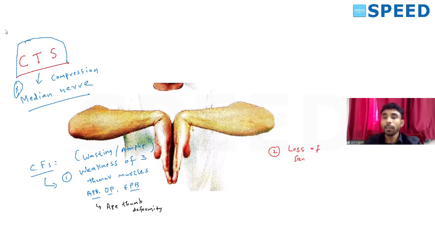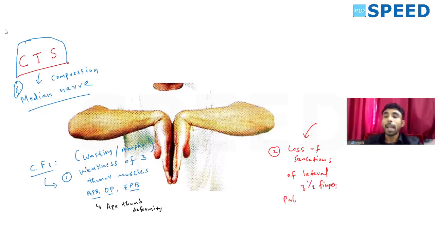Initially, there will be pain and paresthesia, altered sensations, but later it may even lead to loss of sensations of the lateral 3½ fingers. Obviously, on the palmar aspect of the lateral 3½ fingers, there will be loss of sensation.